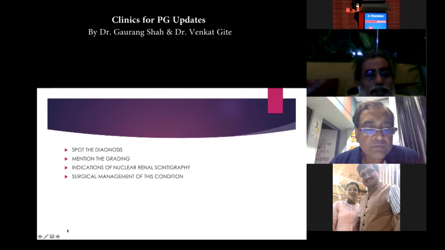Okay. What are the indications? First of all, which nuclear scintigraphy will you do in this patient, and what is the indication? Sir, I think in every case there is an option to have an isotope renogram to evaluate the function of the contralateral kidney and the affected kidney, both the split function.